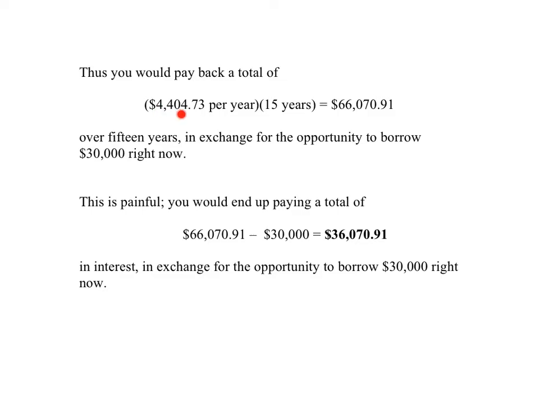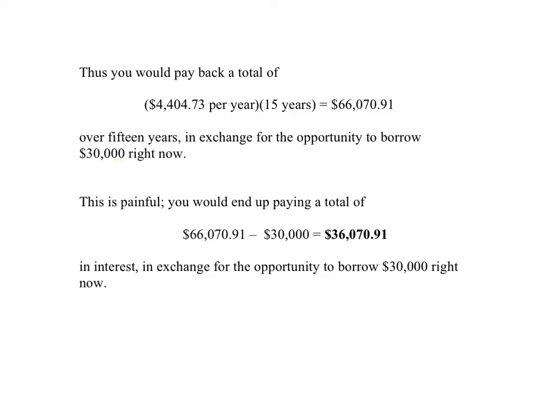At $4,404.73 per year, for 15 years, the total amount of money you'd have to pay back would be $66,070.91. You're paying it back over the course of 15 years in exchange for the opportunity to borrow $30,000 right now. That's the trade-off. This is painful.